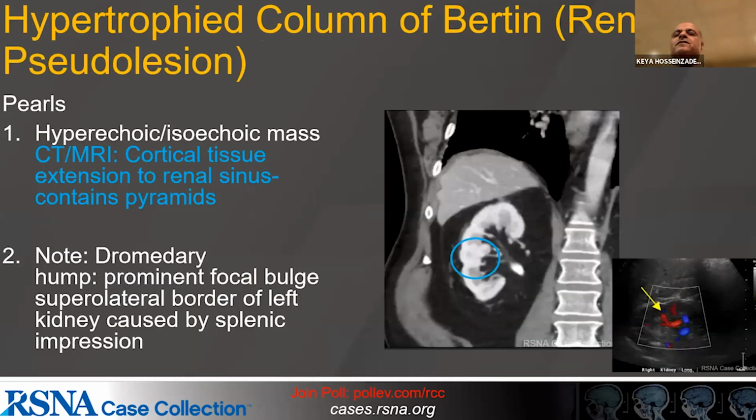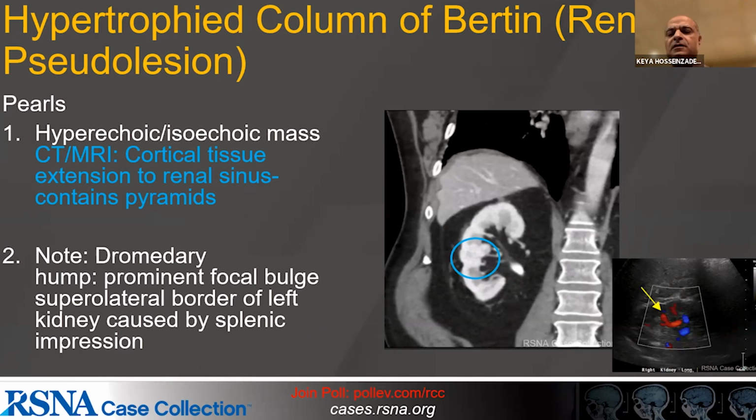So what is hypertrophied column of Bertin? It was first described by a French anatomist, Monsieur Bertin, otherwise known as a junctional parenchyma. It's a renal pseudo-lesion, so it's not a true tumor or neoplasm. It's mass-like. What is the column of Bertin? A typical adult kidney is formed by the fusion of around 14 subkidneys.